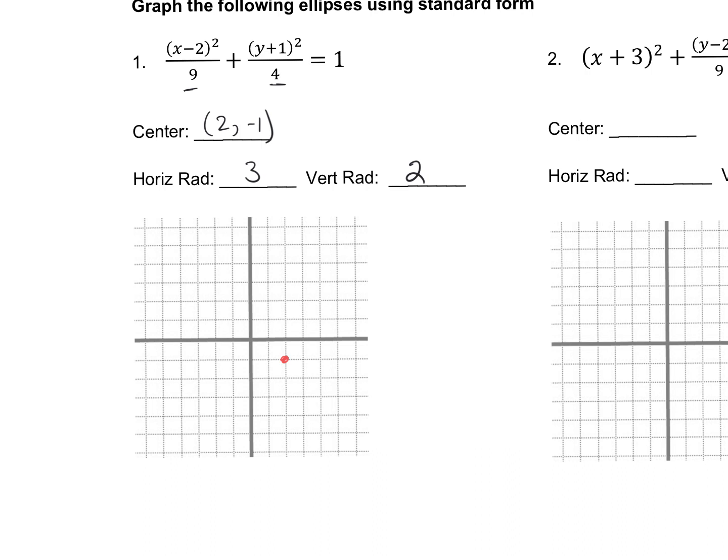Now if you think about the horizontal, it's going like the horizon, left to right. So it's going to go out 3. So it's 1, 2, 3. And at the other side, 1, 2, 3. Man, I always do one more. My eyeball gets off.